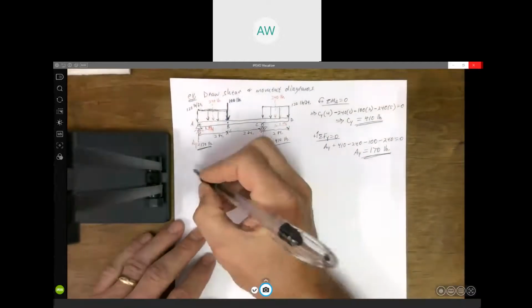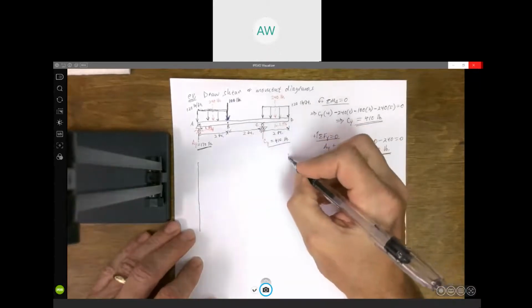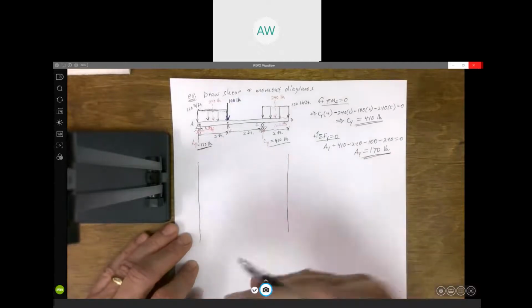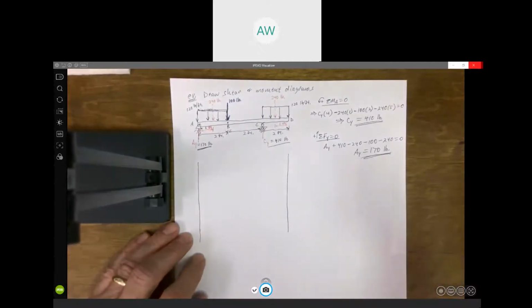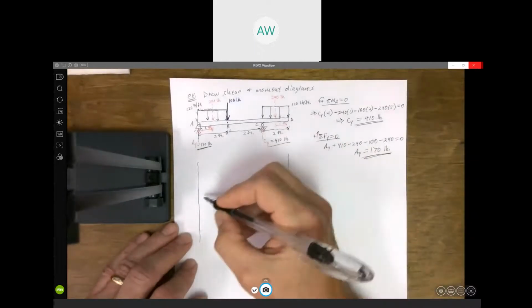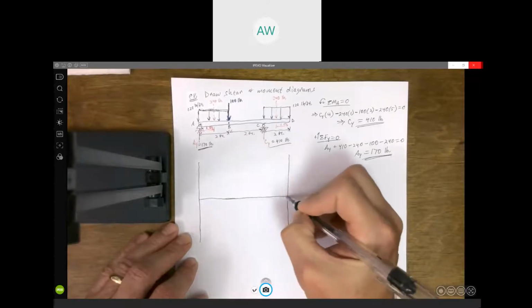So again, typically what's done, and it helps you line things up, is we draw our shear and moment diagrams directly below our beam. And let's see, try to draw a straight line across here.